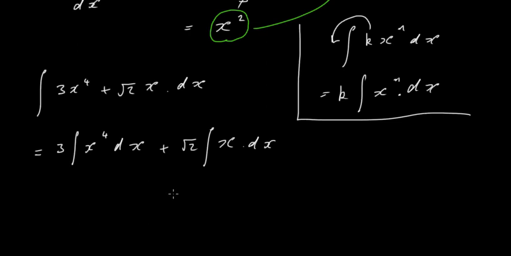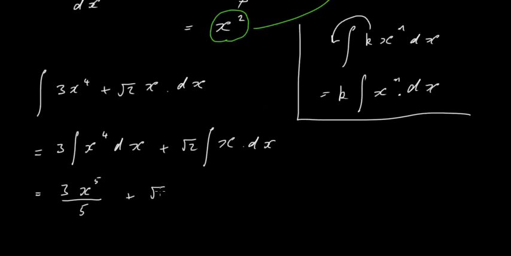So root 2 here is a constant, so we brought the root 2 outside the integral here. So let's do that. So we've got 3 times the integral of x to the power of 4. So what's an antiderivative of x to the power of 4? Well, how do we do that? Well, what we said was we increase the power by 1, so that will give us x to the power of 5, and then you divide by that 5. So that's that one done.